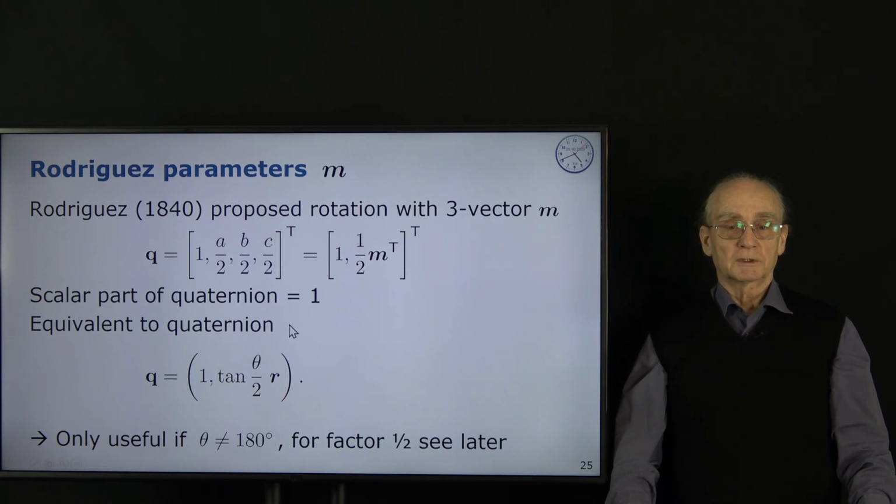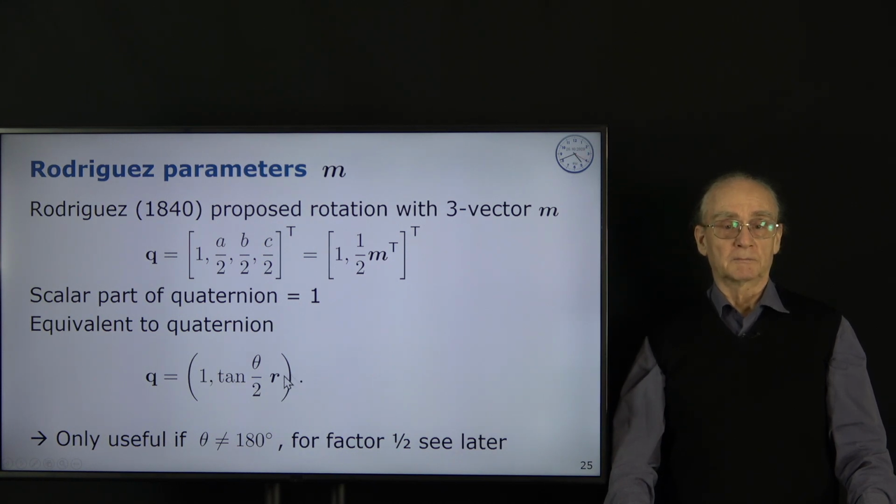It is equivalent to the quaternion (1, tangent of half the angle multiplied with r), because we usually have here cosine and sine. So if we divide the quaternion by cosine of half of the angle, we get here 1, and we get here the tangent. So these 2 quaternions are the same, and half of m is this expression.